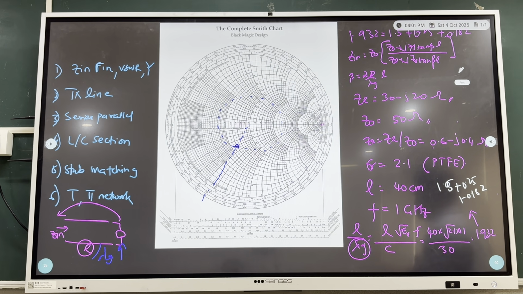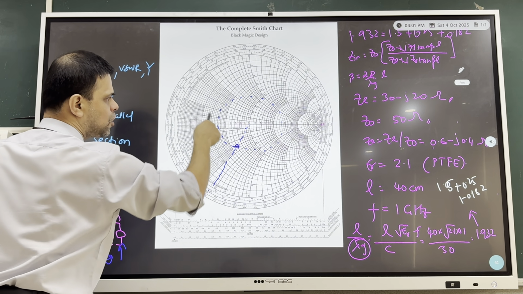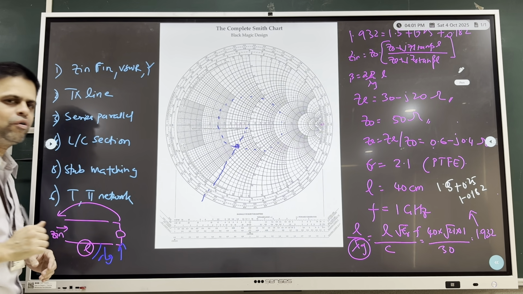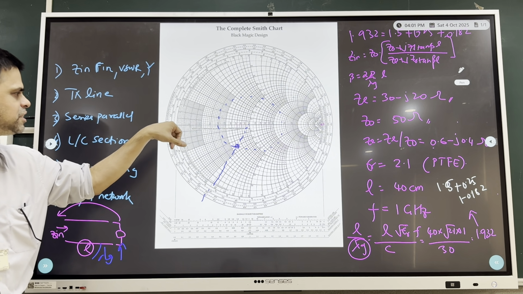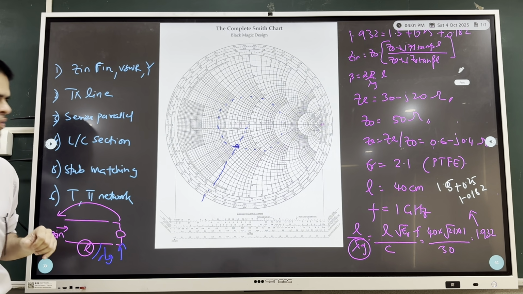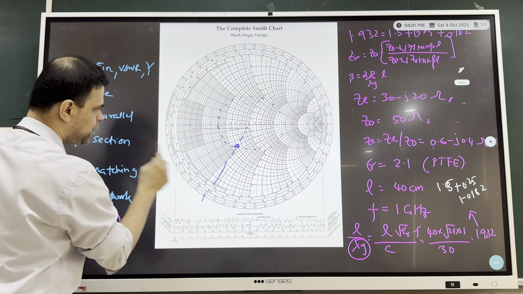Now what are we going to do further using this? Remember, we need to decide how much distance. The distance we have calculated is 1.932 in terms of lambda that we are going to travel. So what is the reference? This is the reference point. So how are you going to move? Are you going to move along the transmission line in the clockwise direction or anti-clockwise direction? That you need to decide. For deciding that, just refer to what is written over here. Here it is written wavelength towards generator, wavelength towards load.